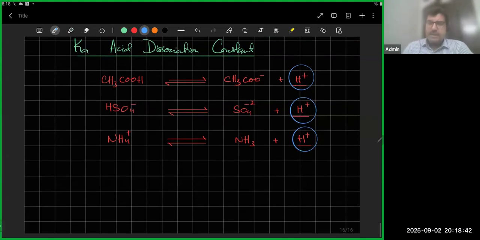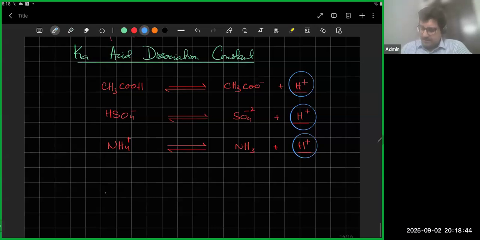So what we can do is we can generalize or write a general equation, which is that all acids have this formula that they have an H plus 1 ion attached to something. Okay, we don't care what that something is. It will dissociate.